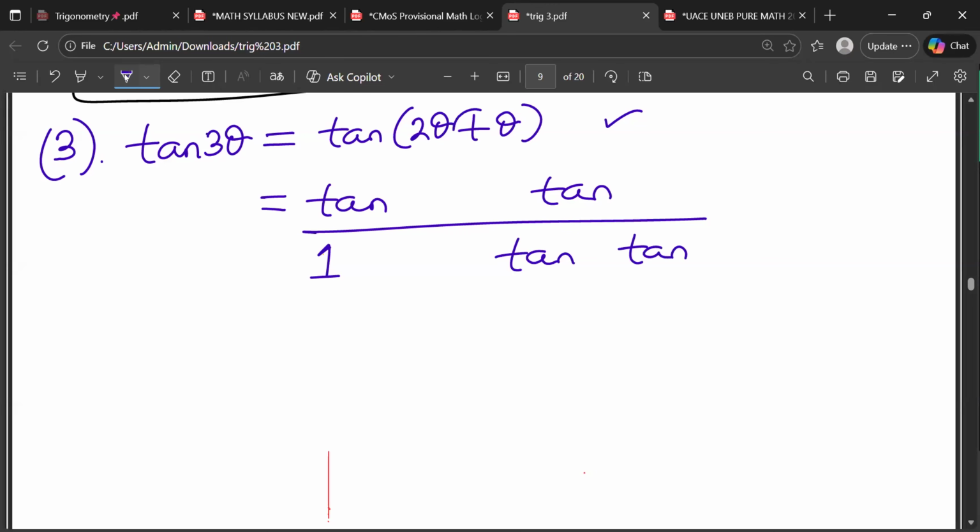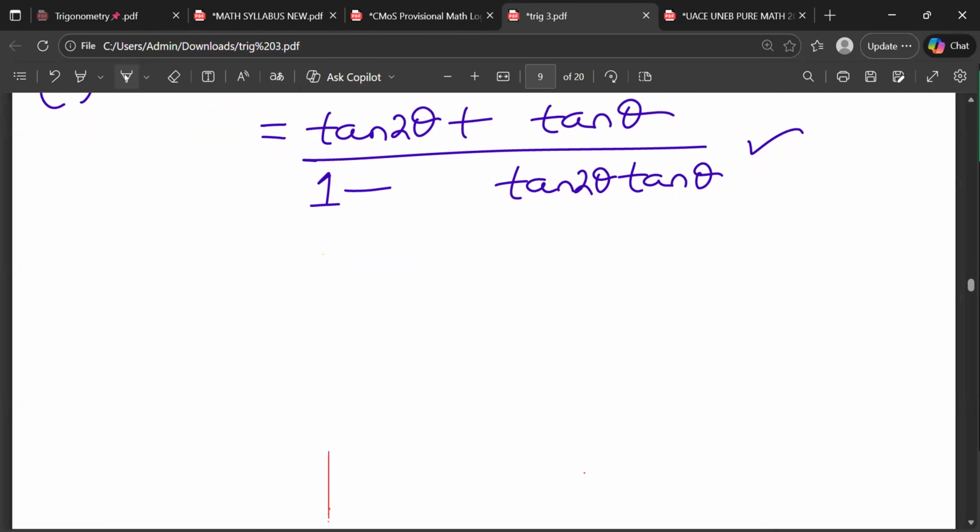Then because of this plus, we shall have here down minus, isn't it? Then this one will be 2 theta, this one will be theta. This one will be 2 theta, this one will be theta. So you check if we have similar workings, those who tried out already.